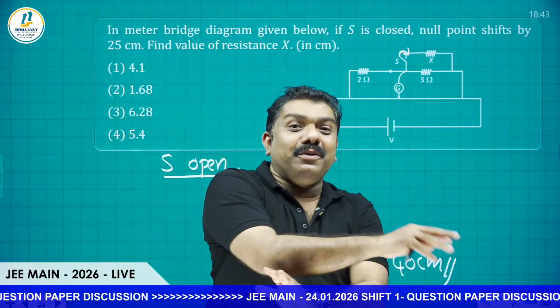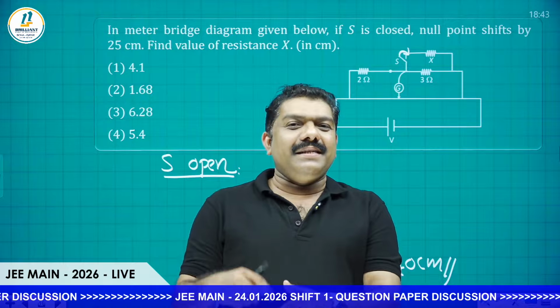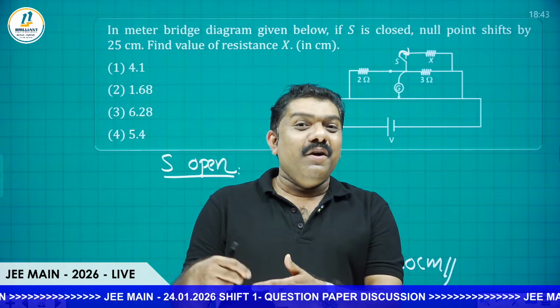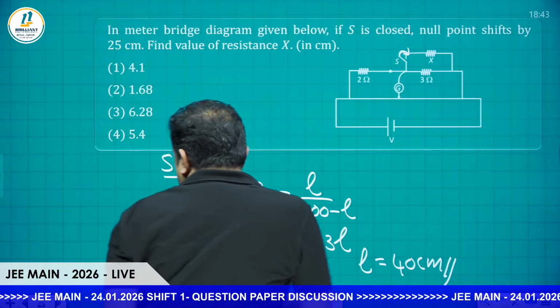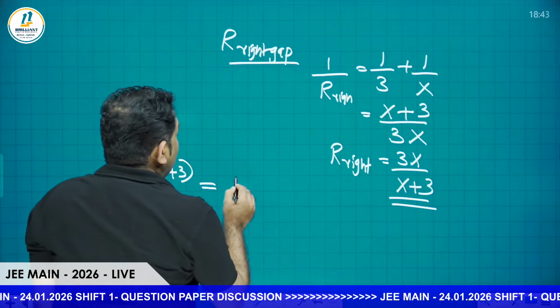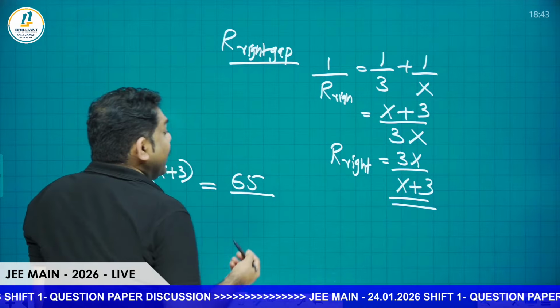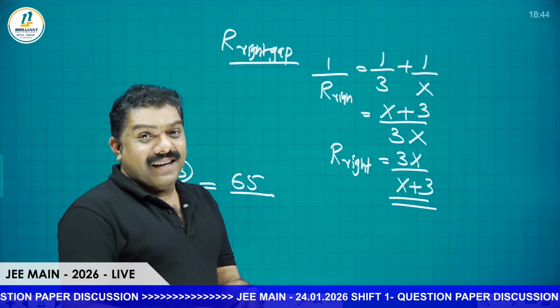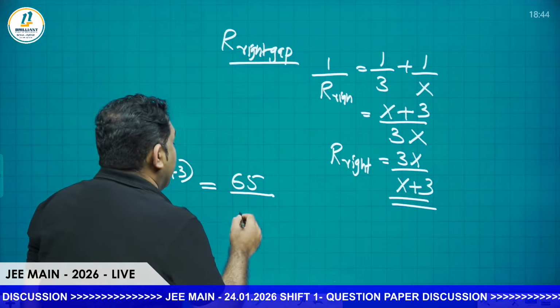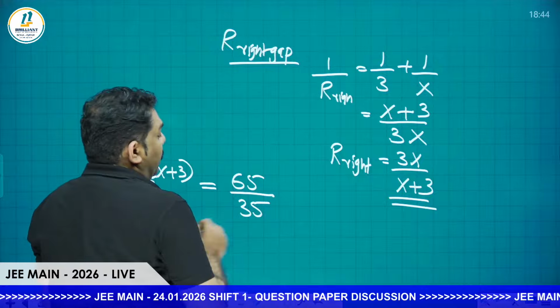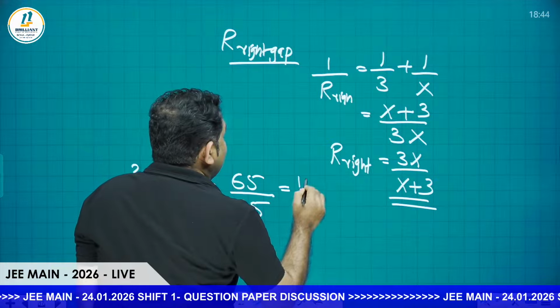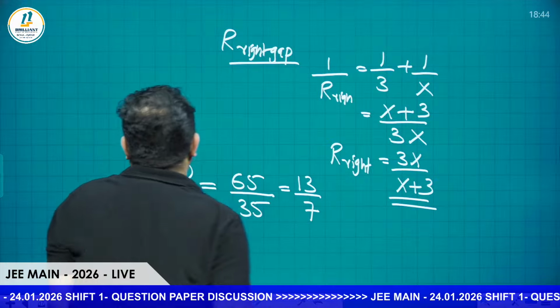It is shifted by 25 centimeter. So the new balancing length will be 40 plus 25, that is equal to 65 centimeter. So 65 divided by 100 minus 65, that is 35. So this is equal to 13 by 7.